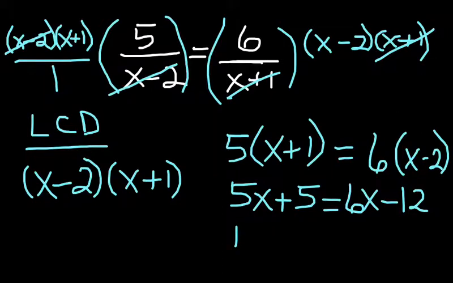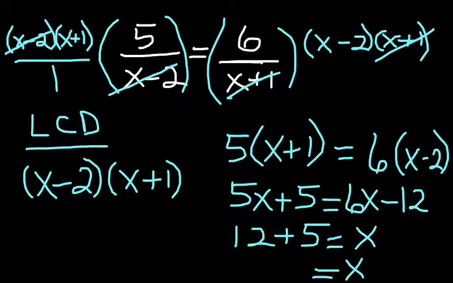So bringing 12 to the left becomes positive 12 plus 5, and taking the 5x to the right causes it to be negative 5x. 6x minus 5x is 1x, and x would be equal to 17 in this problem. So we have solved this equation and found out that x is equal to 17.